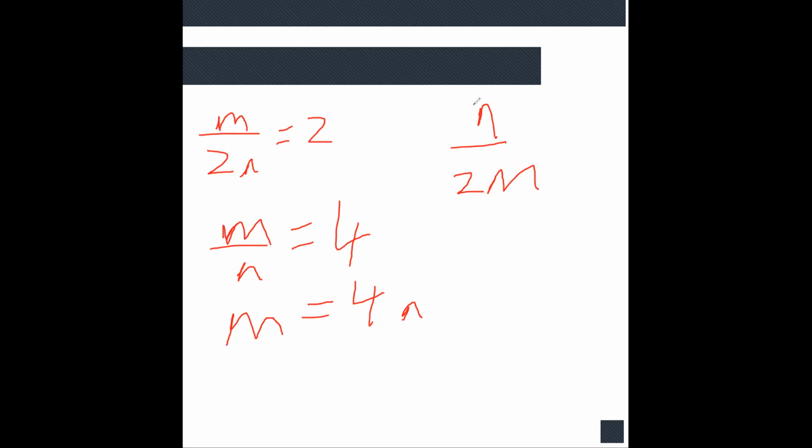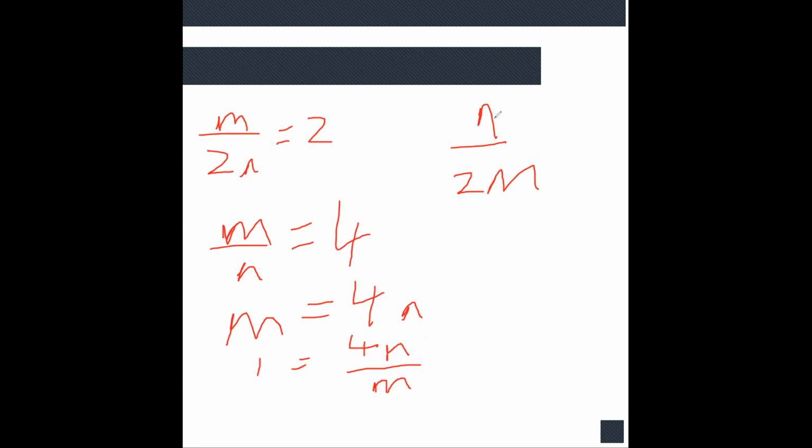And we want n divided by 2m. So m equals 4n, so we can divide both sides by m, right? 1 is equal to 4n over m. I think this way is even goofier than the original, but we'll see.